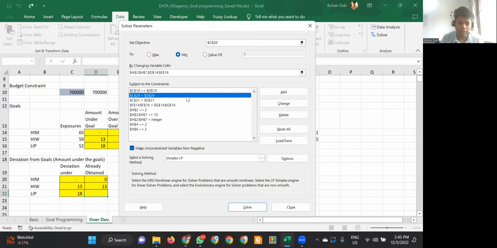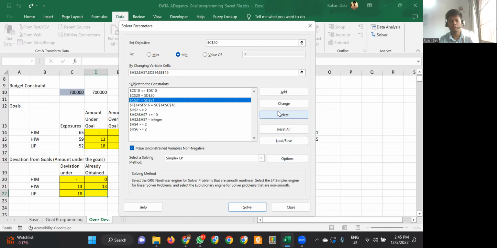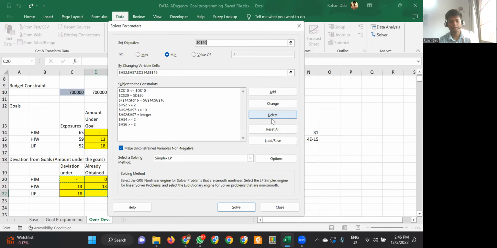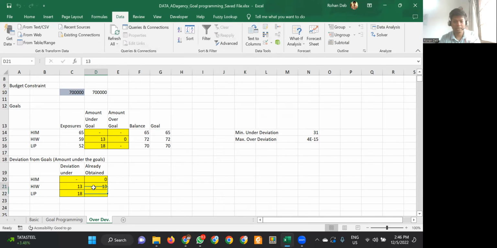This should be 17, but C20... Oh, sorry. I didn't delete it. I had forgotten to change this. So this is the second one. I've said keep HIM as 0. Now calculate HIW.